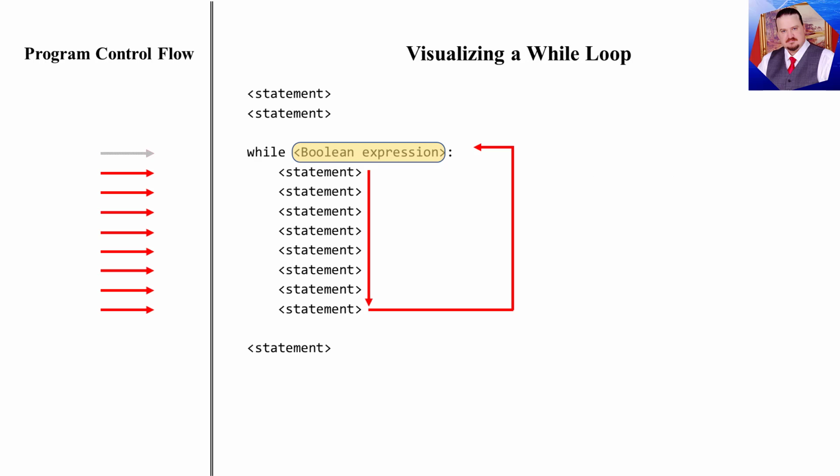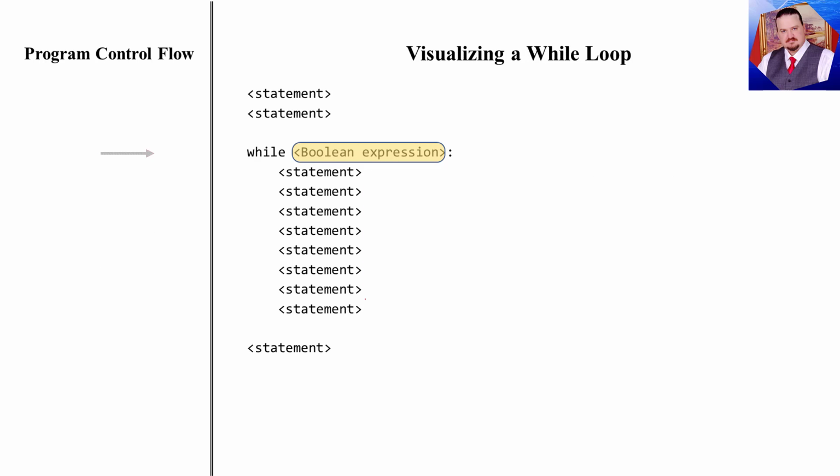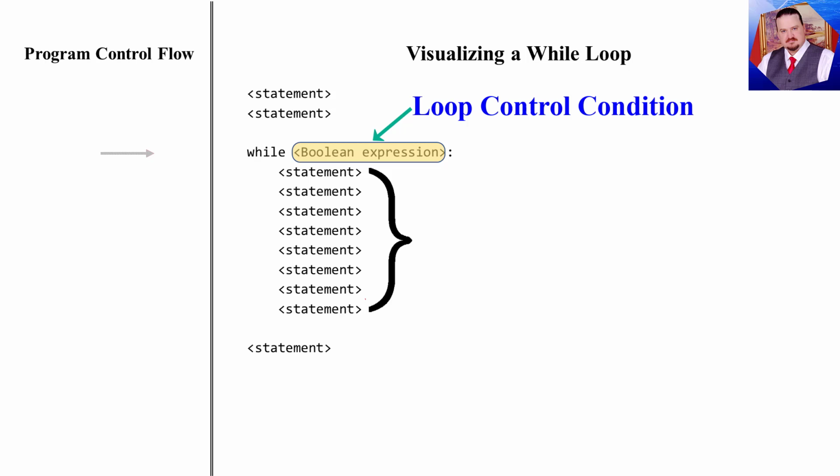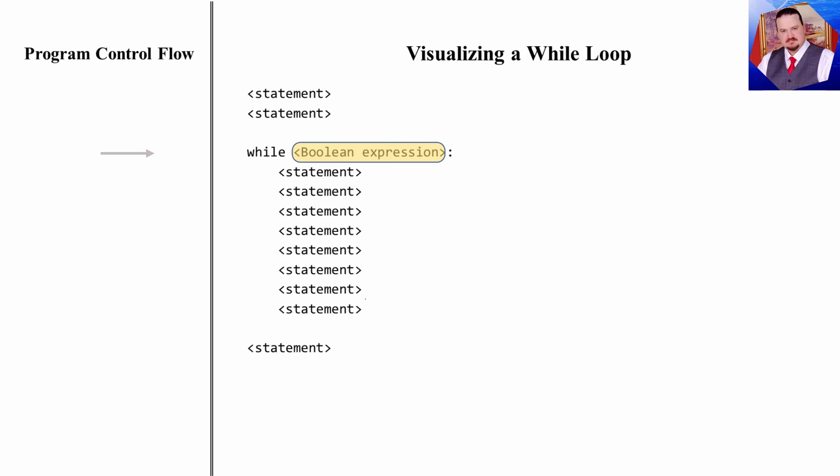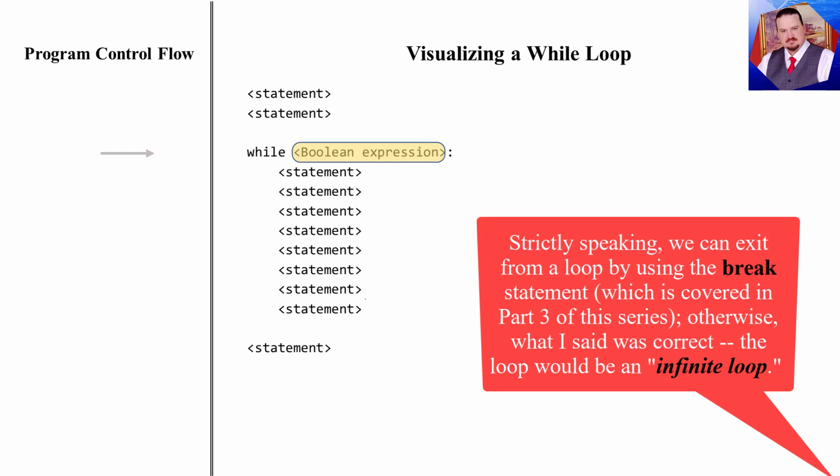And now this brings us to the point where I need to make mention of the fact that something must be happening in these statements in the body of the while that could potentially change the value of the loop control condition. If not, and the loop control condition were always true, then the while loop would run forever. And that's key to note here.